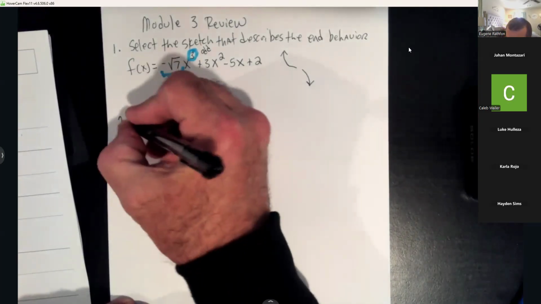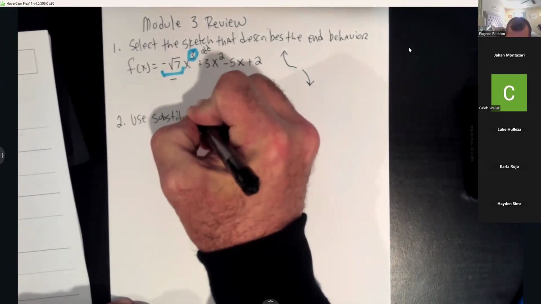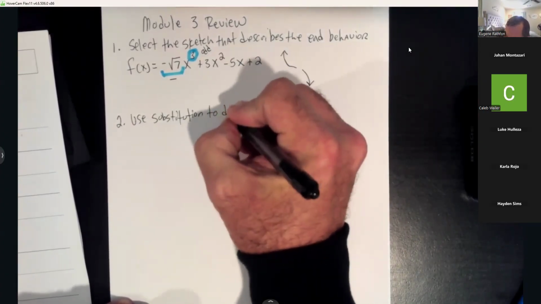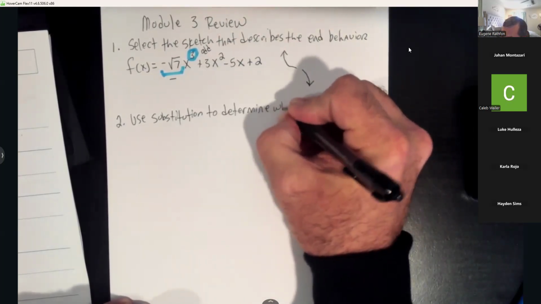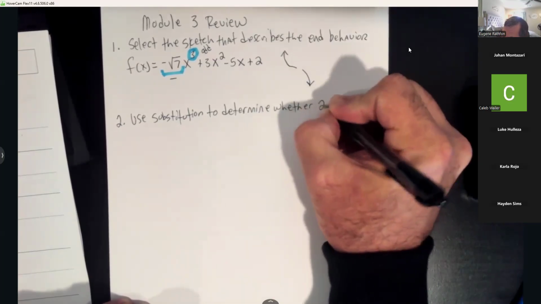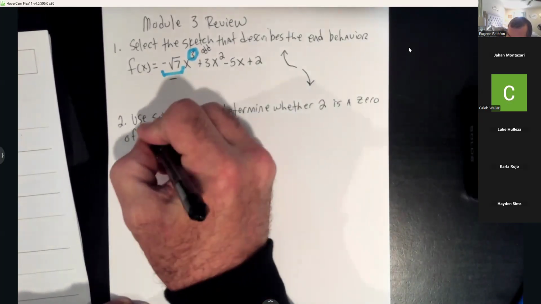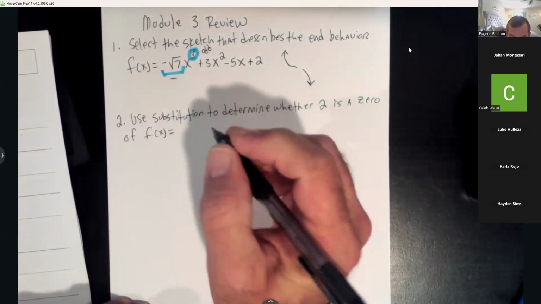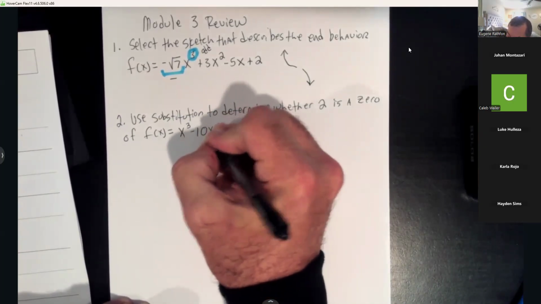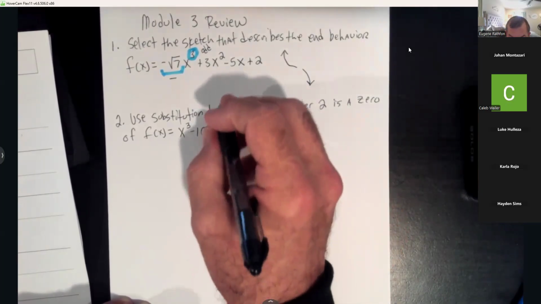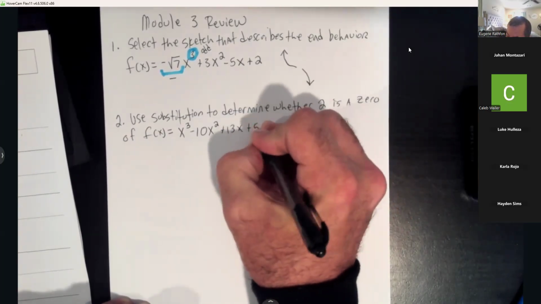All right, second question. We're going to use substitution to determine whether 2 is a 0 of f of x equals x to the third minus 10x squared plus 13x plus 5.